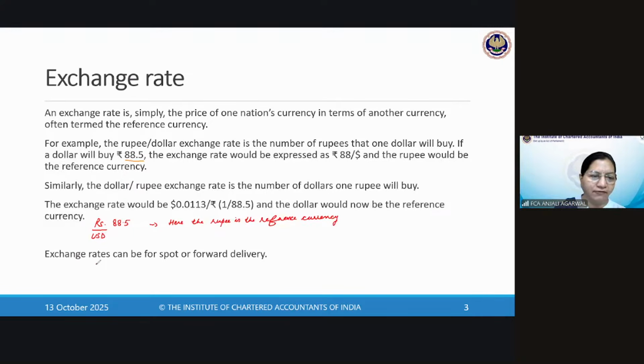Similarly, if I have used pound against USD, the price could be 0.90, let's say. Here, the GBP or the Great British Pound is the reference currency.